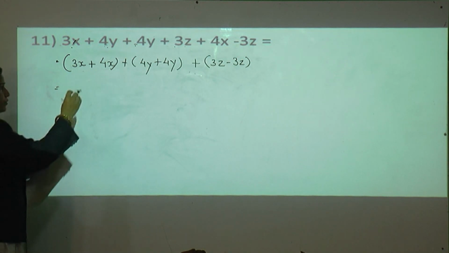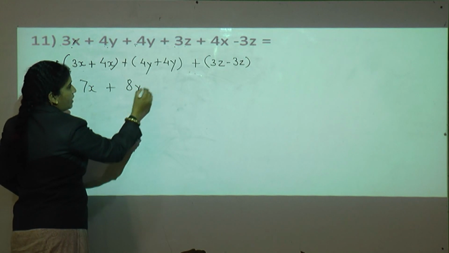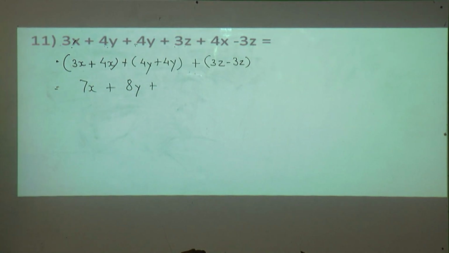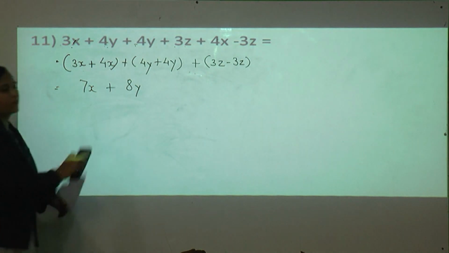Here good, 7x, here 8y, and 3z minus 3z means students 0. So for 0 we will write nothing, so this one is the answer.